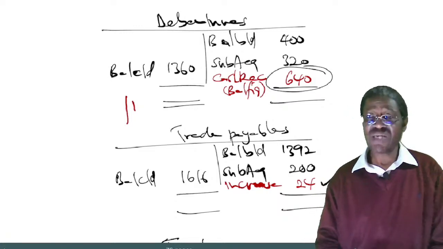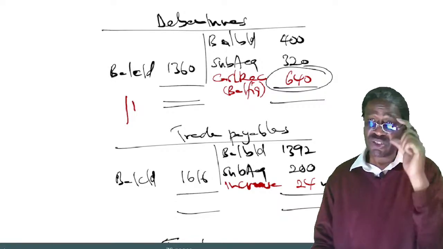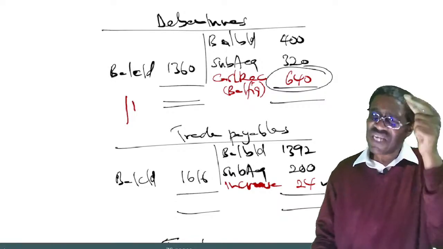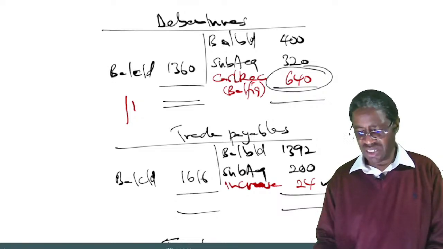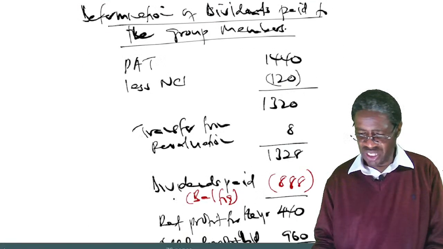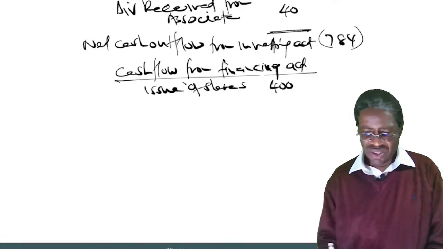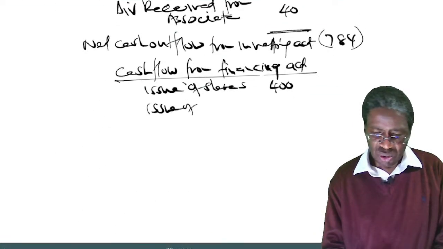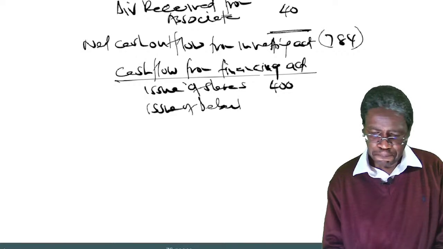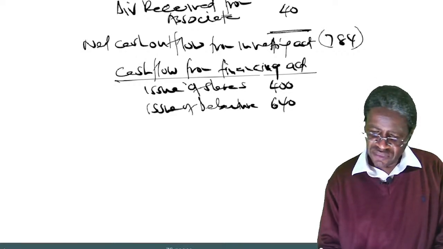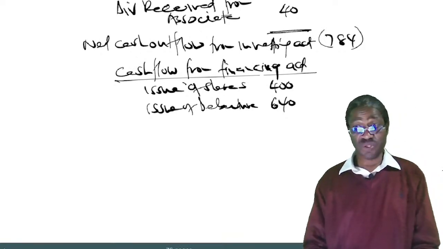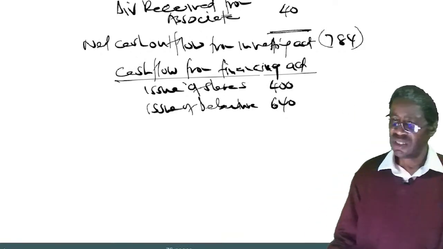We got a balancing figure of 640. Meaning we must have issued some more debentures. We analyzed that account. So let's bring it in now. So come and see your issue of debentures, 640. Listen carefully.